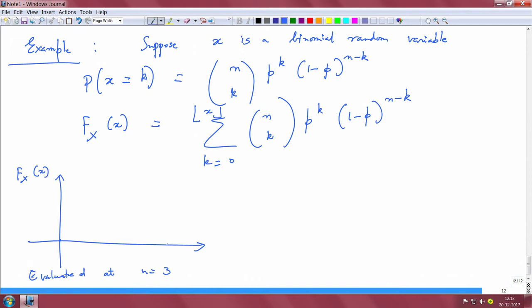Let us say we have 3 values, 0, 1, 2 and 3. At 3 definitely this has to be 1, because you do not have anything more than 3.